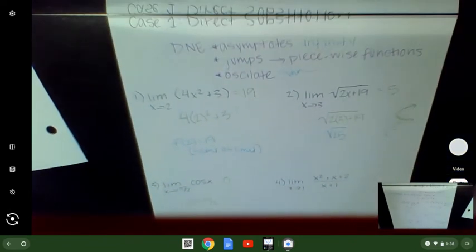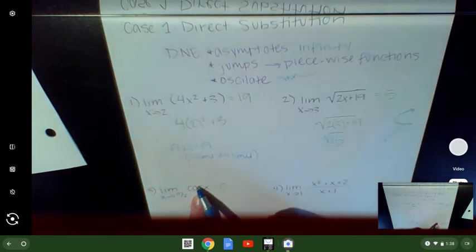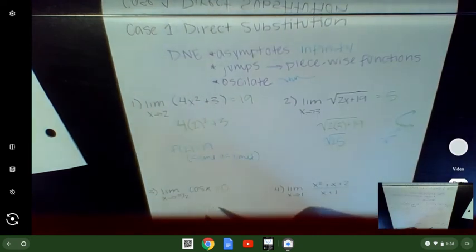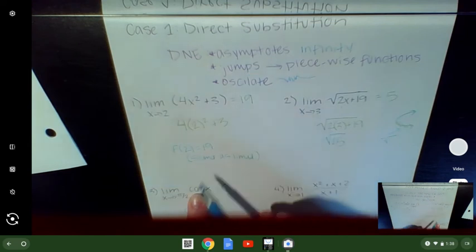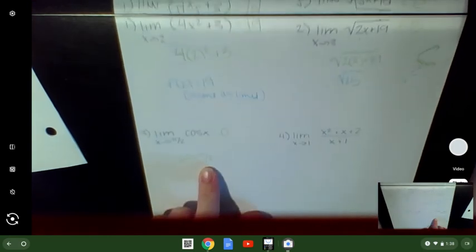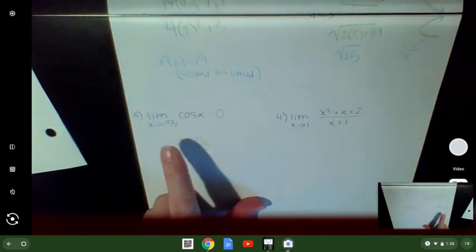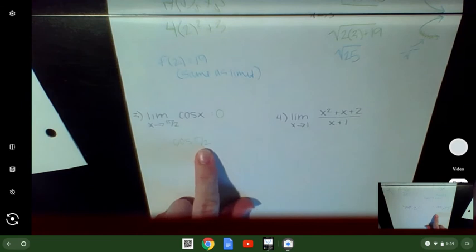Number 3, the limit of a trig function. Well, we can do direct substitution with trig functions. Again, knowing what we know about cosine, knowing what we know about this particular function, there are no issues of asymptotes heading to 2 different places or freaking out when it's just cosine. So I'm going to find the cosine of pi over 2. The cosine of pi over 2 means we want the x value at pi over 2 on the unit circle.